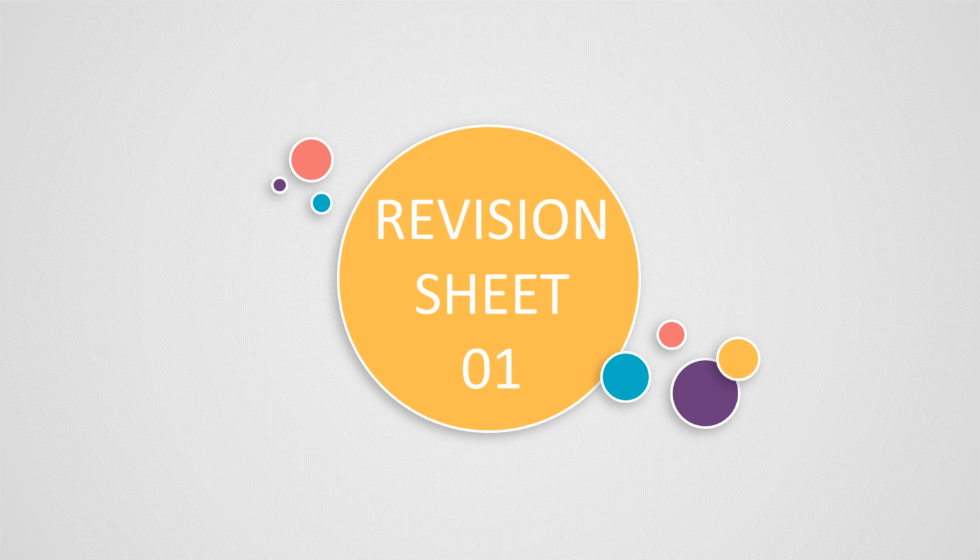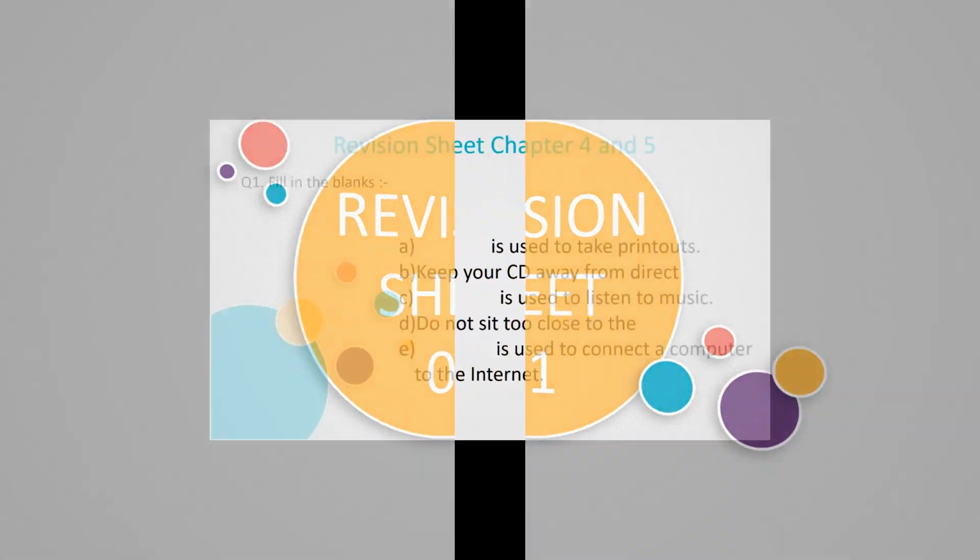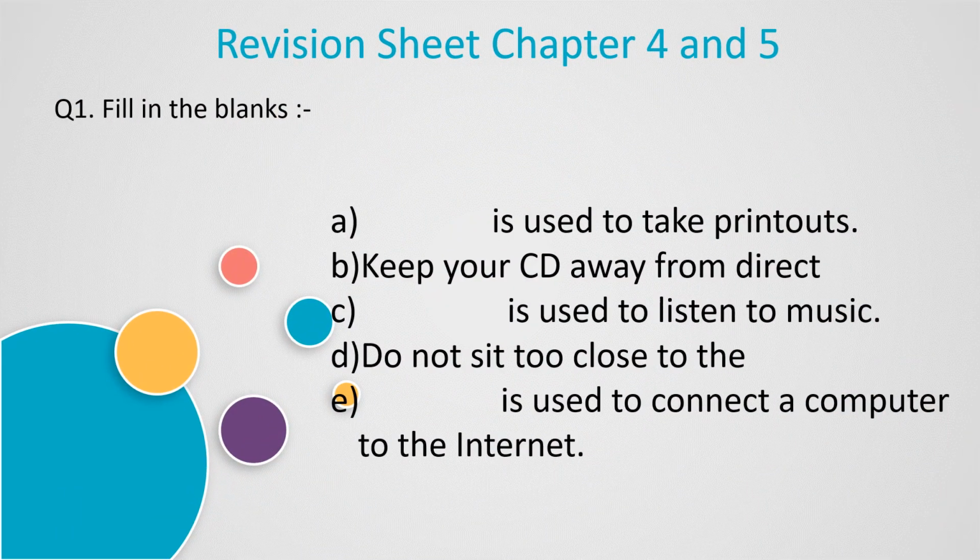Students, let us now discuss the revision sheet of chapter number 4 and 5. Question 1 is fill in the blanks. Some blanks are given, you have to fill them. Let us see. Number A: dash is used to take printouts.